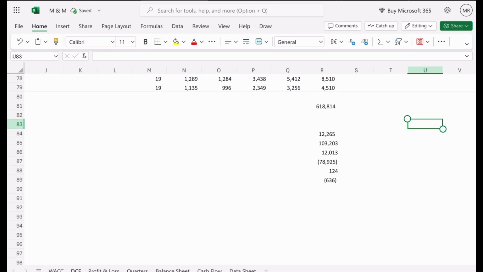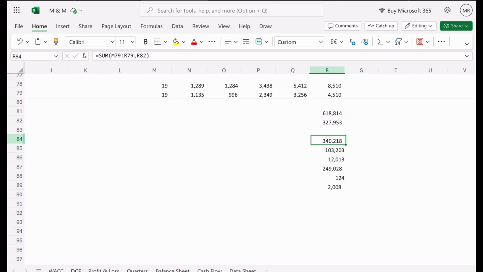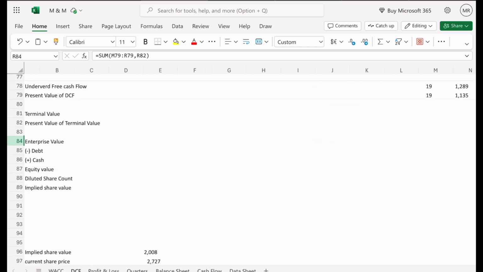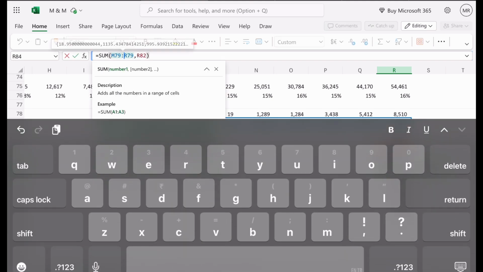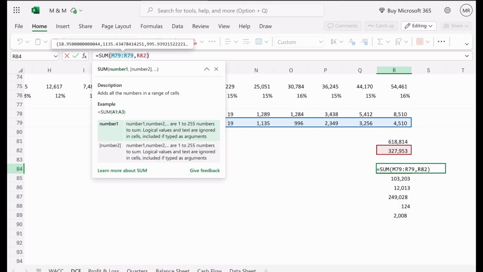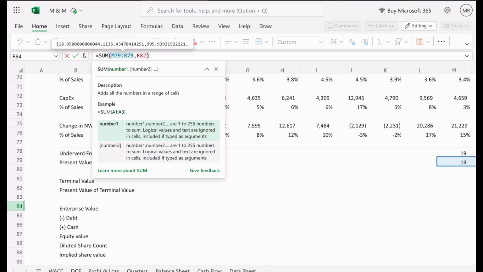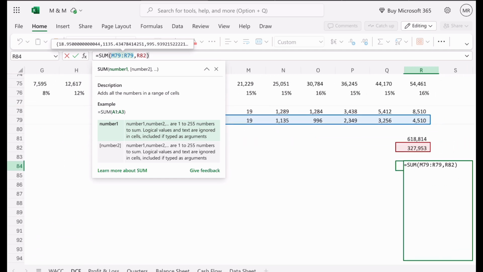Then the enterprise value is the sum of all the cash flows and the present value of terminal value.